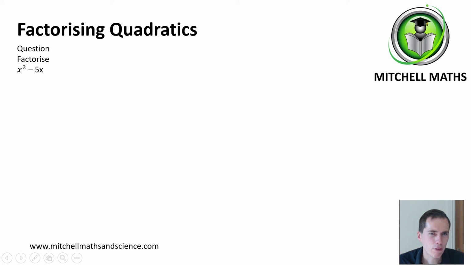The final one we're going to have a look at, this is actually a single bracket, and the reason we know it's a single bracket is because it's only got 2 terms, and it's not x squared take away a square number. The first thing we need to do is have a look at what factor is common in both.